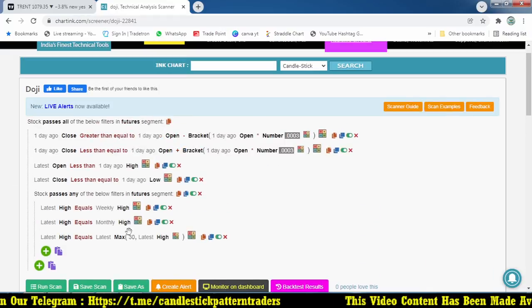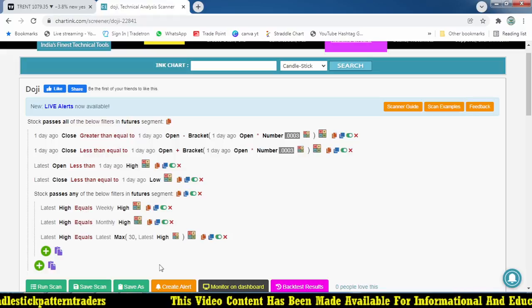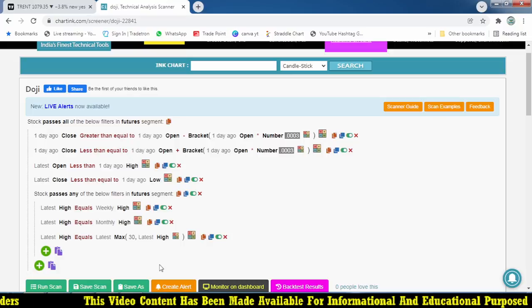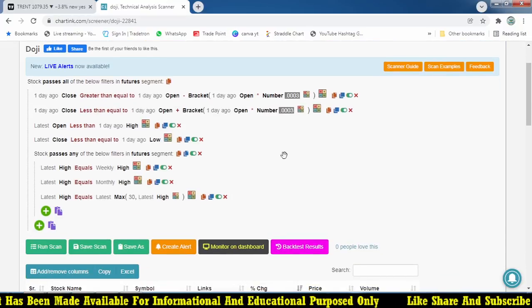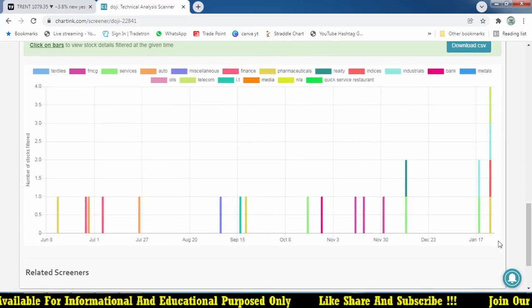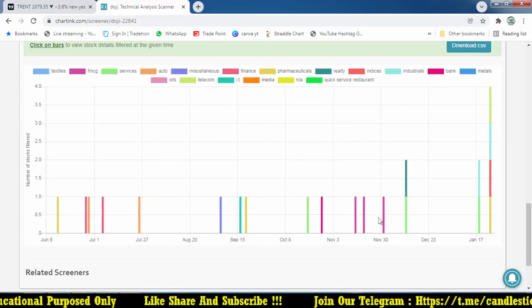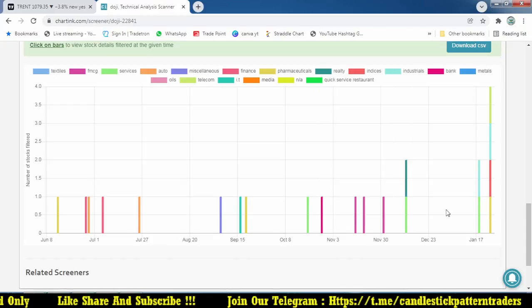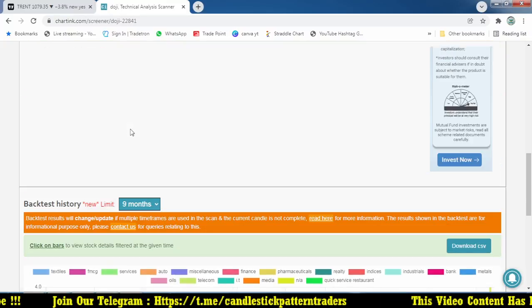So this will filter out the stocks which are at a weekly high or monthly high or 30 days high, which will find such a kind of trade opportunity. Very few stocks. We filter out very few stocks.